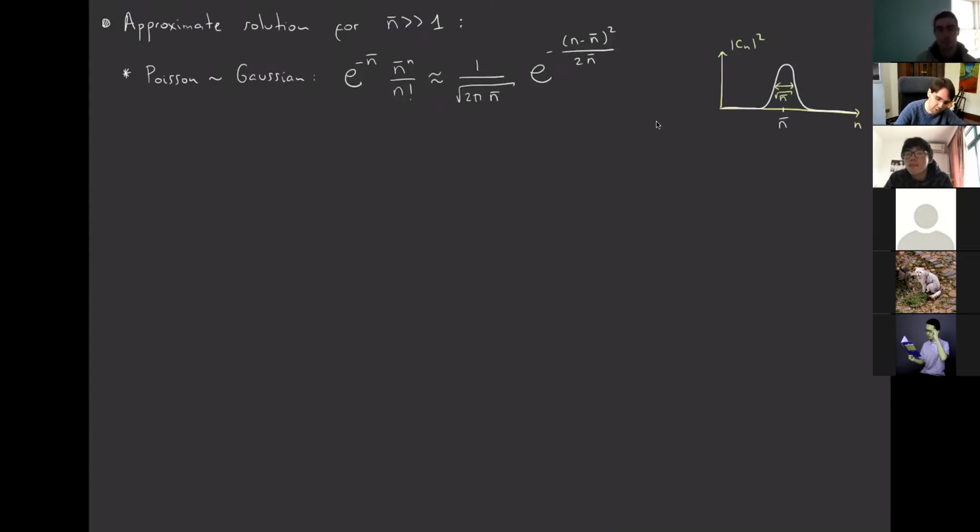That's the first approximation. And then the second approximation is that, if we are going to such high values of n, the difference between the probability here and the probability in the next n will be very small. And essentially, this means that we can make an approximation which is replacing the sum by an integral.